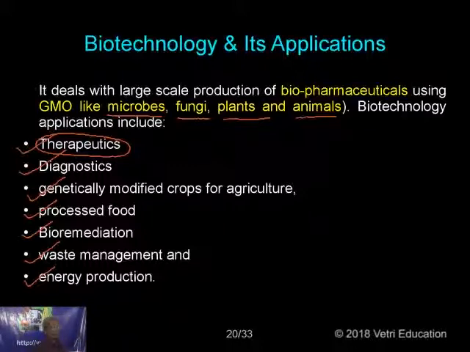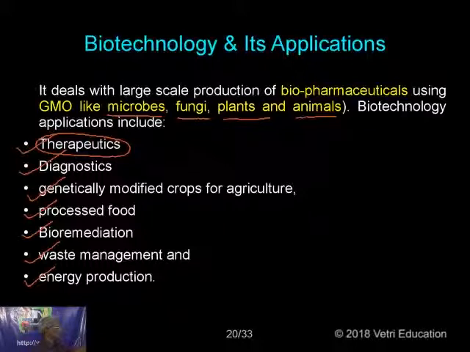Diagnosis. For example, if a woman is carrying a genetically defective baby, Down syndrome, or so many syndromes, this could be diagnosed beautifully today with the help of biotechnology. Even at the 4th month or the 5th month, we are able to carry out this diagnosis. These are all very much beneficial to the human being, and if we find that there are some problems, it could be dealt with properly, with the proper care.